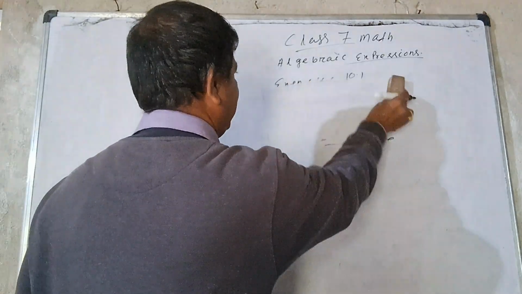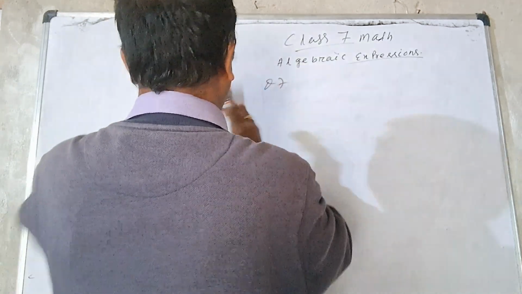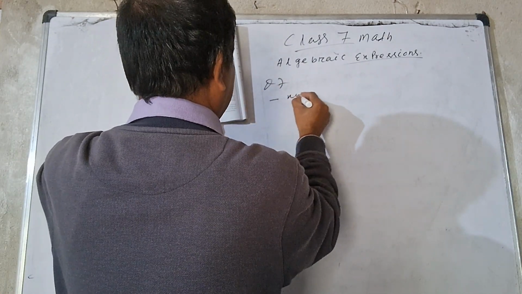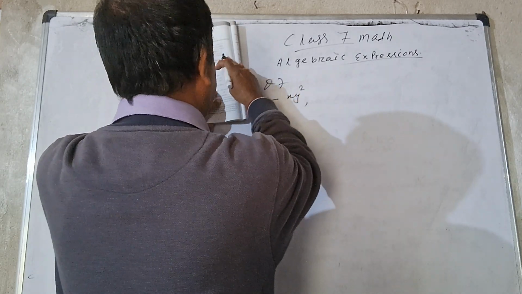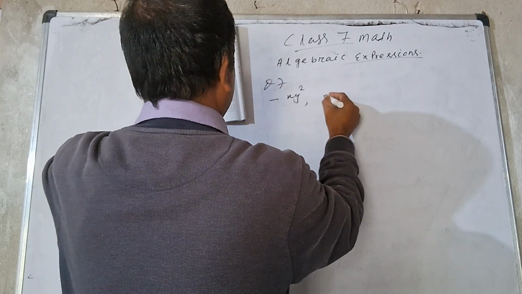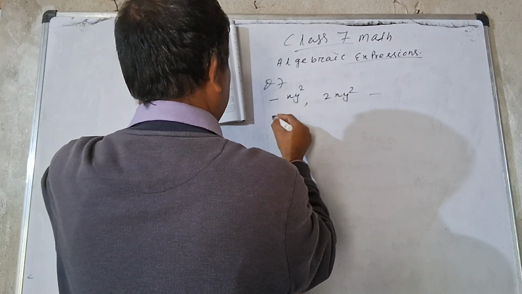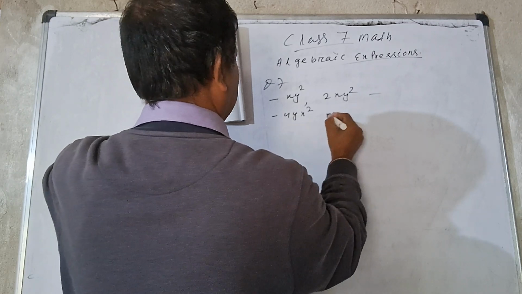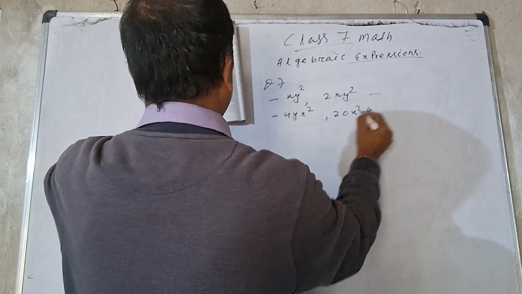Now question number 7, the last question of this exercise. Identify the like terms. Here, minus xy square. The like term with this expression is 2xy square. Similarly, minus 4yx square, the like term is 20x square y.